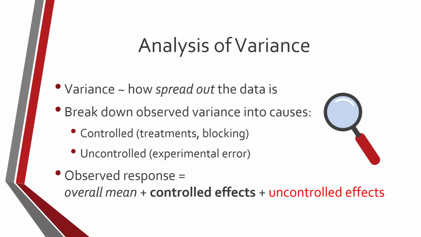There's a baseline response if nothing had occurred in the trial, the effect that the treatments and blocking specifically had, and then the effect of the random influences also. And so if we want to draw conclusions about the treatment effects, we're going to want to estimate what those random or uncontrolled effects are.